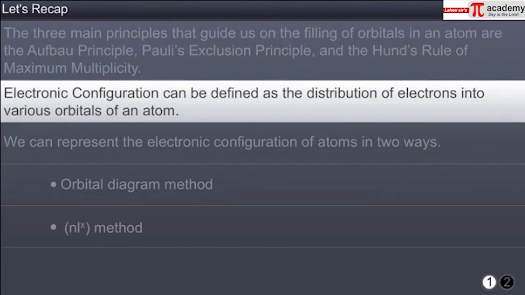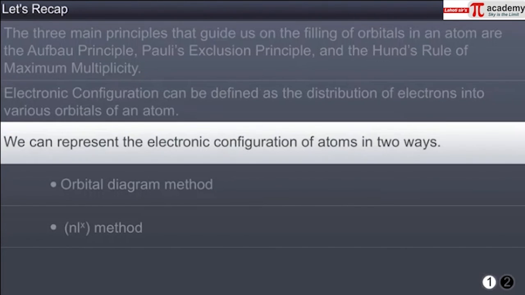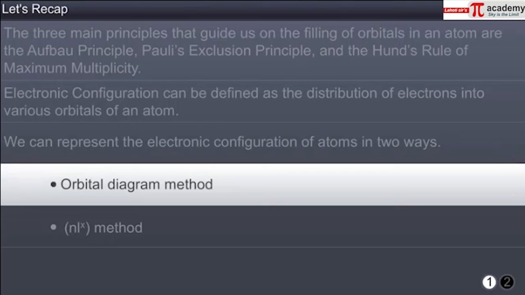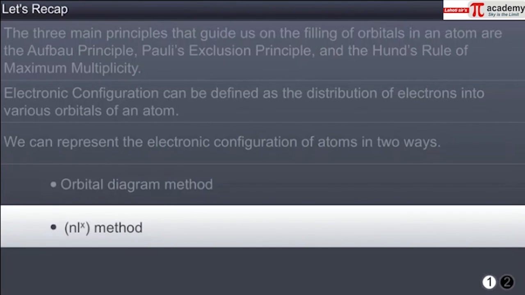Electronic configuration can be defined as the distribution of electrons into various orbitals of an atom. We can represent the electronic configuration of atoms in two ways: orbital diagram method, NLX method.